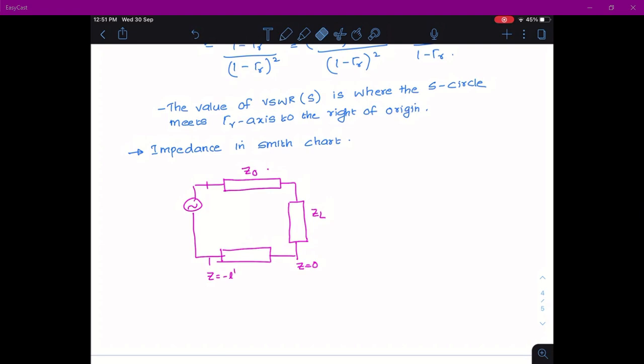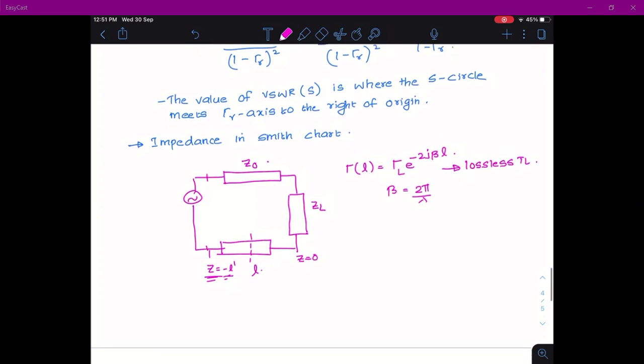Let's take it in a different notation. The generator is at Z equal to L dash, and we are considering any point L. I just changed the notation, that's all. So at any point L, I can always represent the reflection coefficient as tau L e raised to minus 2j beta L. This we have seen for a lossless transmission line, and we are mostly looking at lossless transmission lines in the Smith chart, where beta is equal to 2 pi by lambda.